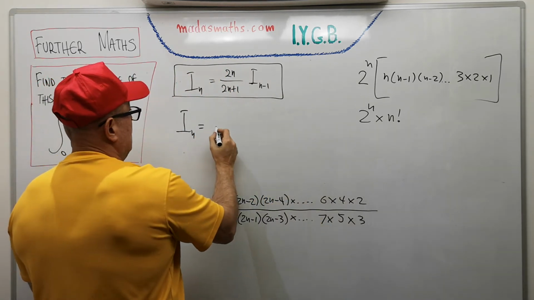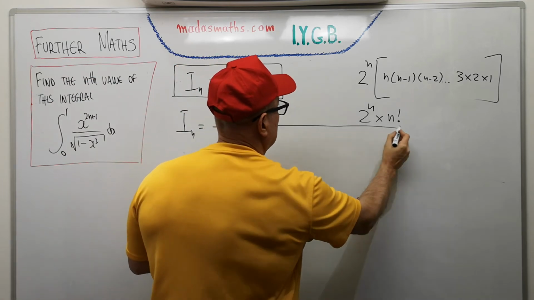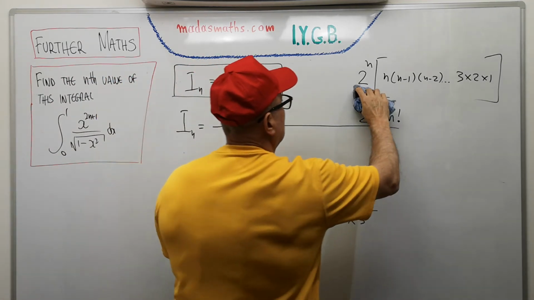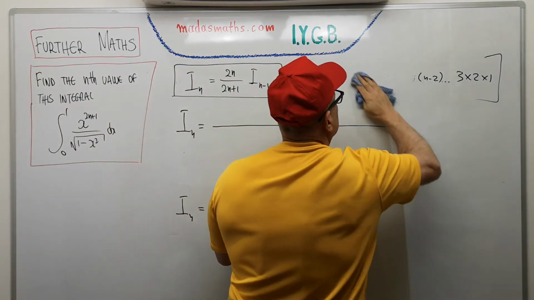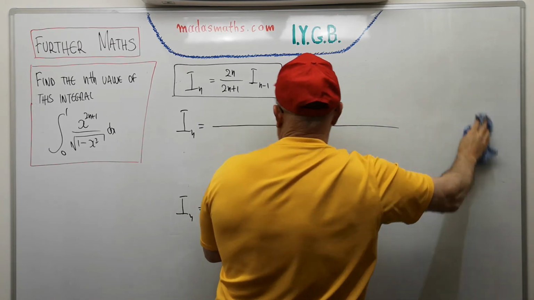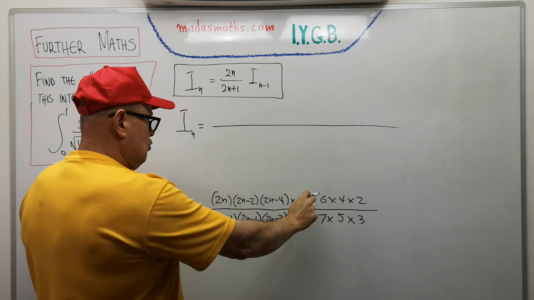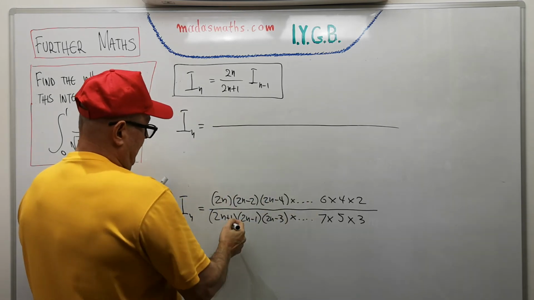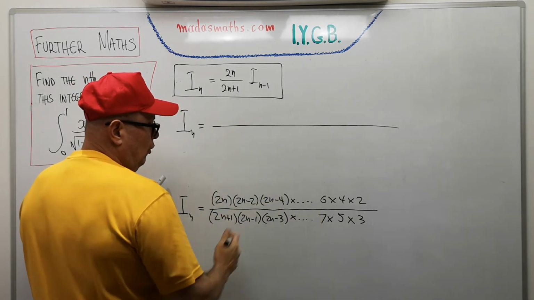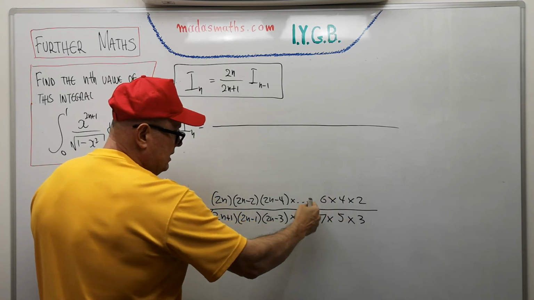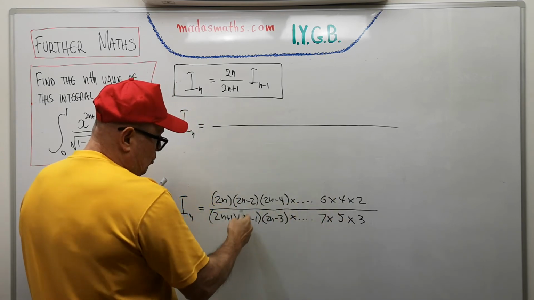IN is equal to a very long fraction. If we need it again in this form, I will write it again. The top is not a problem, it's the denominator. I want to create a factorial on the denominator, so I need to insert quantities between these brackets.